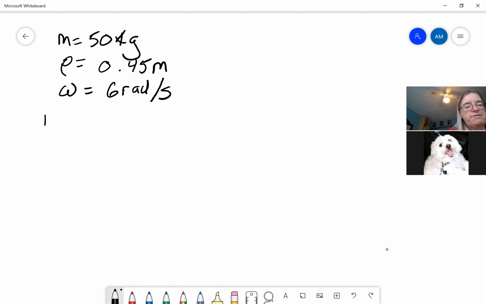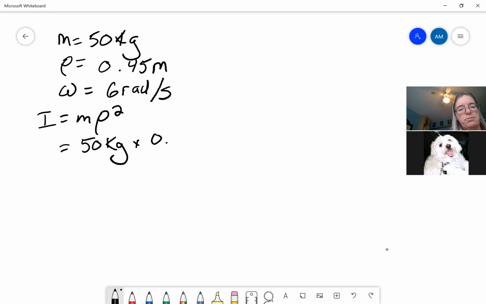So let's start with figuring out I. Mass times radius of gyration squared. So that's going to be 50 kilograms times 0.45 meters all squared. So 50 times 0.45 squared.